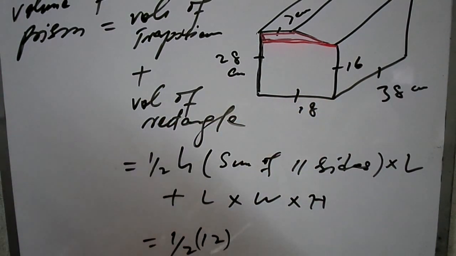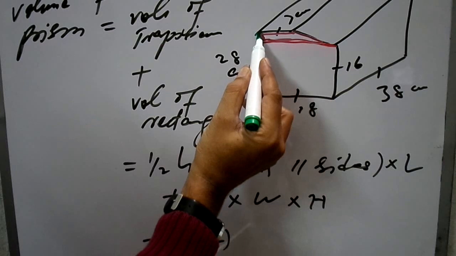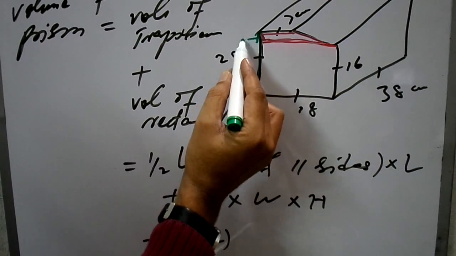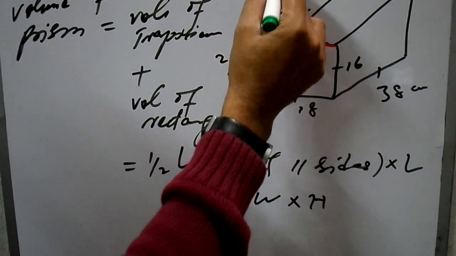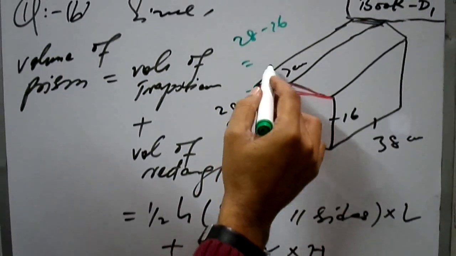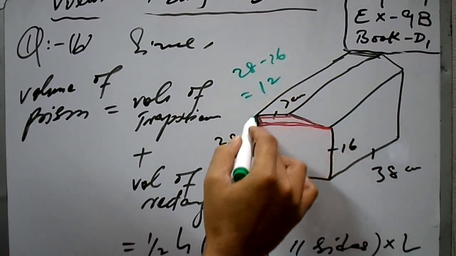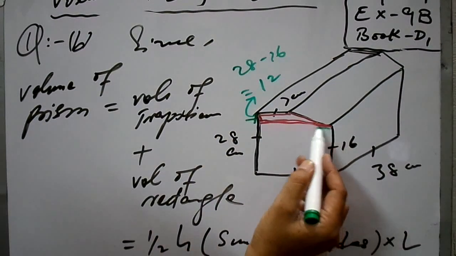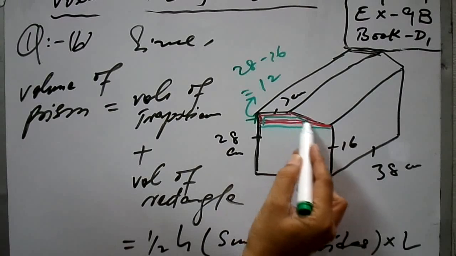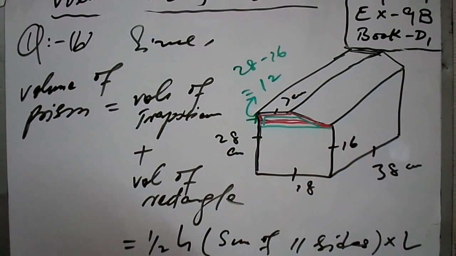So that height will be 28 minus 16, so you will get 12. That is the portion highlighted by our green area. So that is your trapezium.